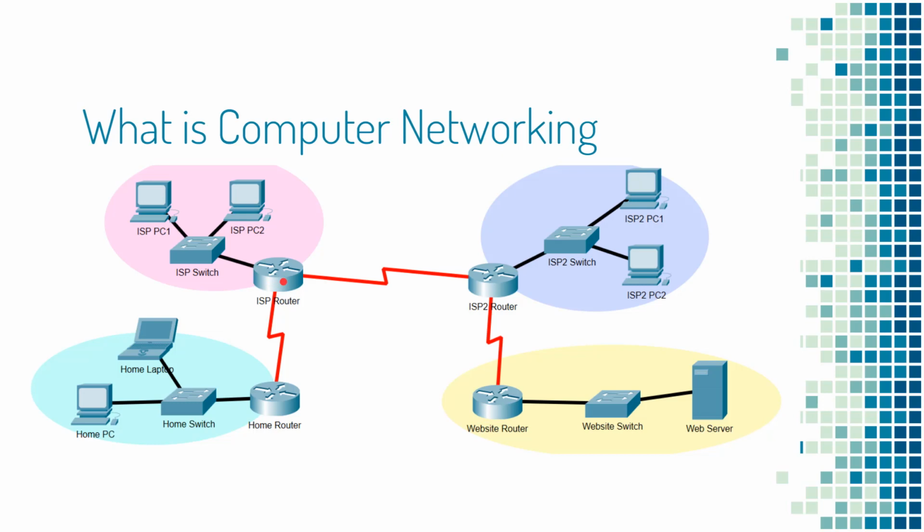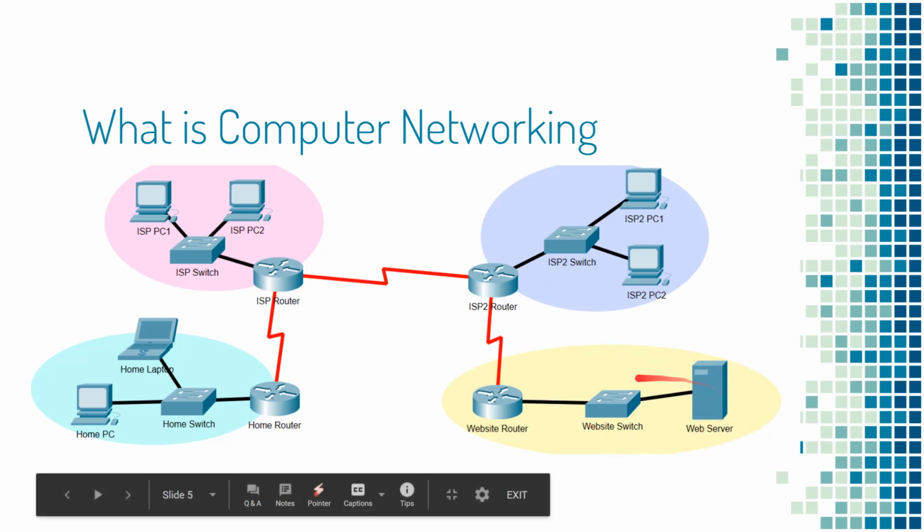AT&T is connected to another network here, which might be a different ISP or a different network. And here is another company, let's say google.com, and we want to reach their website.